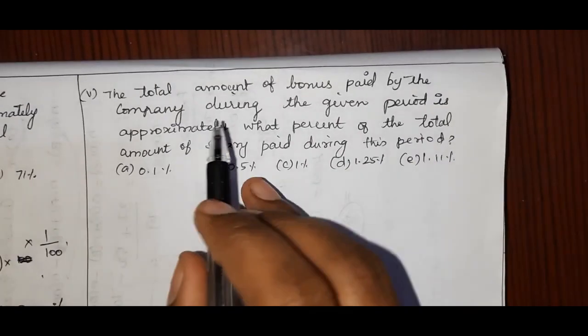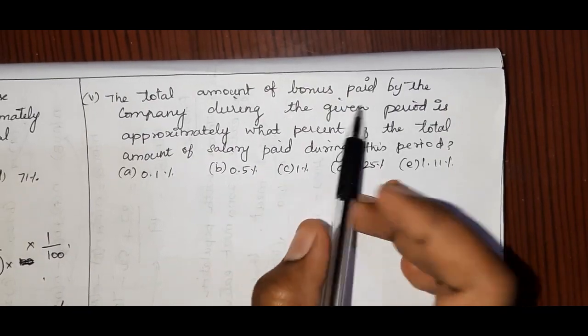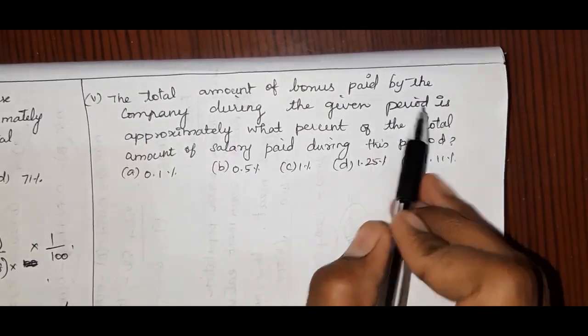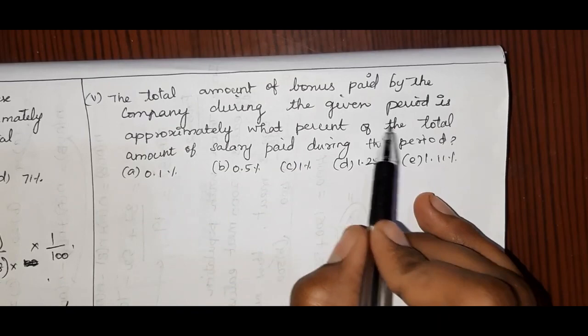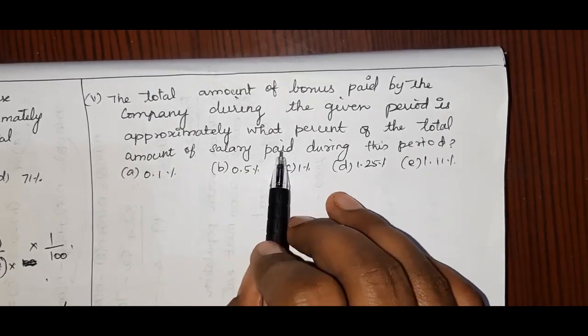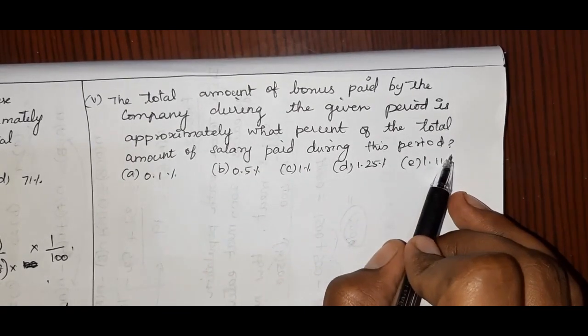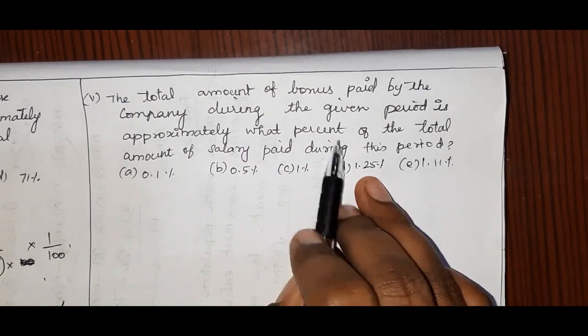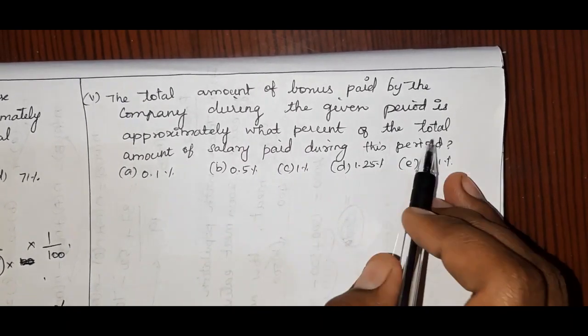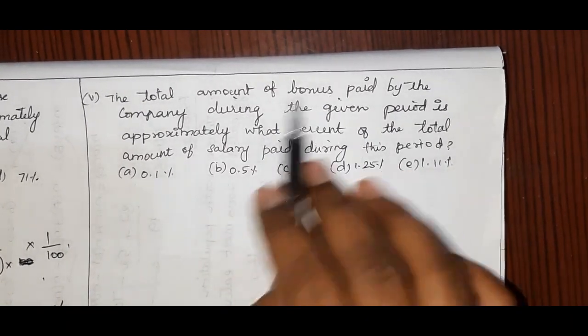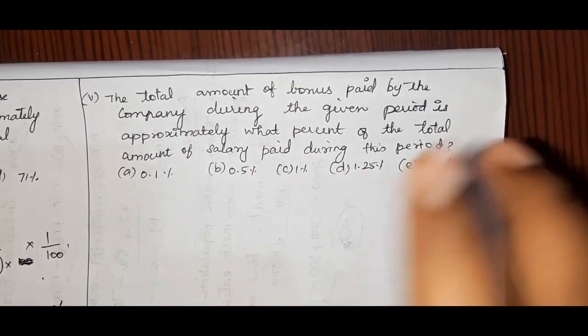Let's move with the fifth question. Question: the total amount of bonus paid by the company during the given period is approximately what percentage of the total amount of salary paid during this period? That is, we have to add all this and find the percentage between the company's bonus and the salary paid. So we have to check from the table.